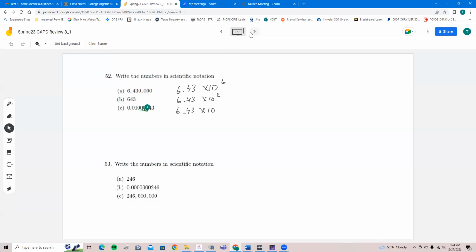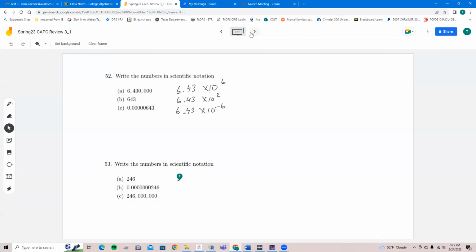So to go backwards, I'm going to have to move it to the left 6 places. So negative 6 will be my exponent on 10. You can always check: if I do this multiplication, do I get this number? And you should.